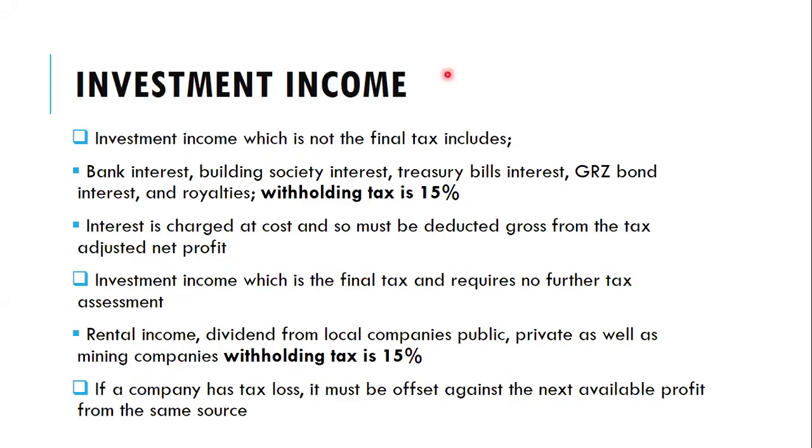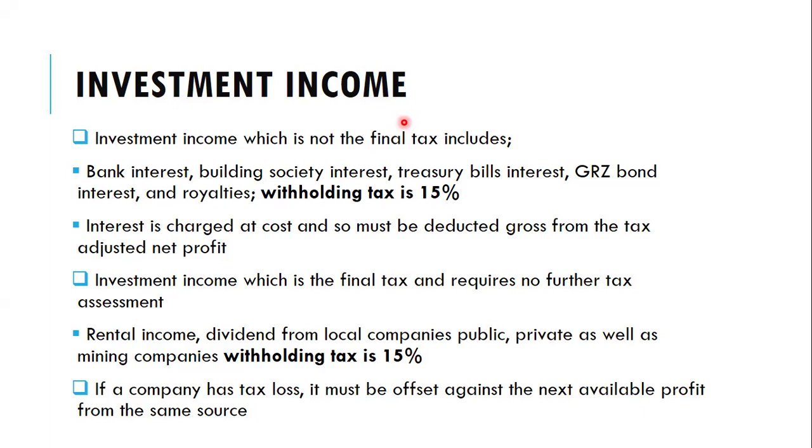So now let's look at investment income, which is not final tax. This is very important. When an income is not final tax, we add it to the taxable income at gross. After we add it back, then we charge tax.